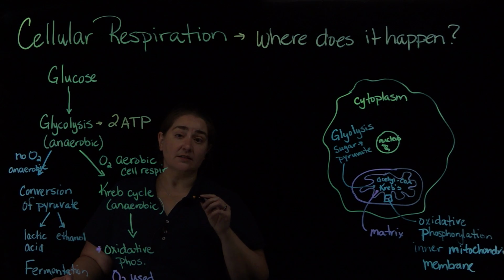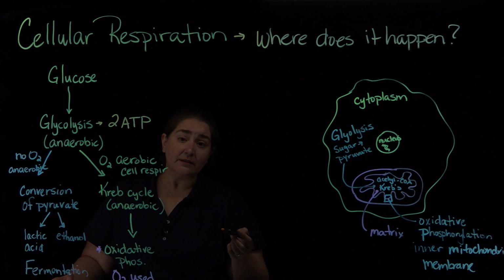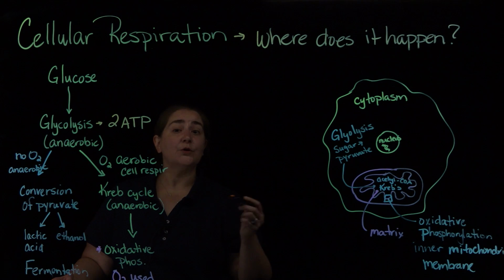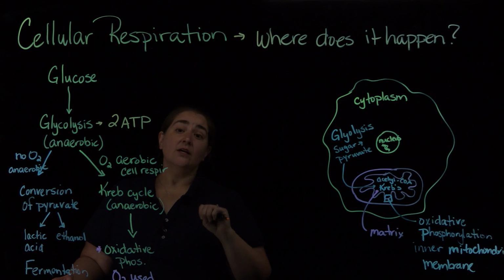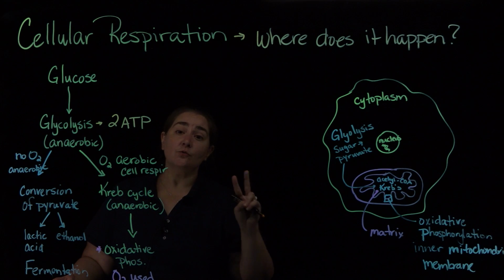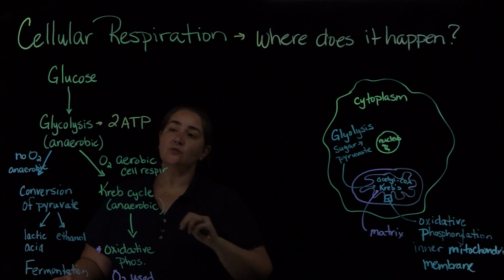But just as you have to spend money to make money, you have to spend ATP to make ATP. So you put in 2 ATP to make 4 ATP. Overall you end up with 2 more ATP than what you had before, so that's a good investment. So we generate 2 ATP with glycolysis.